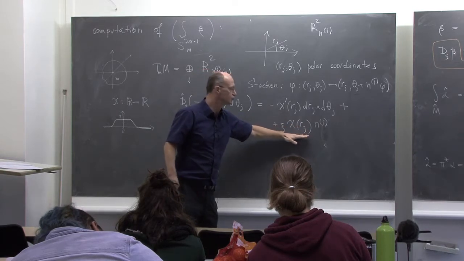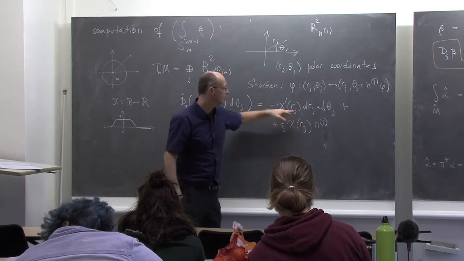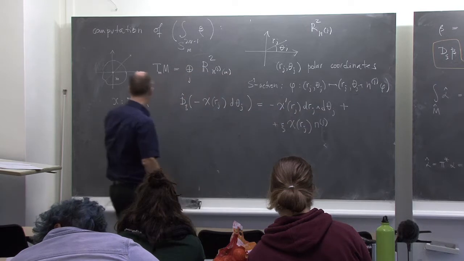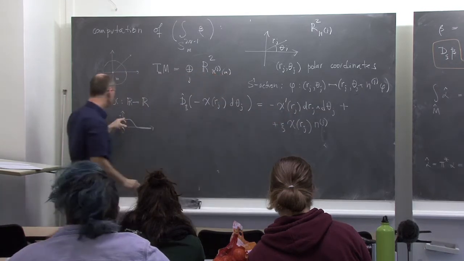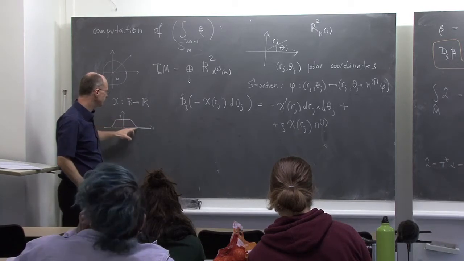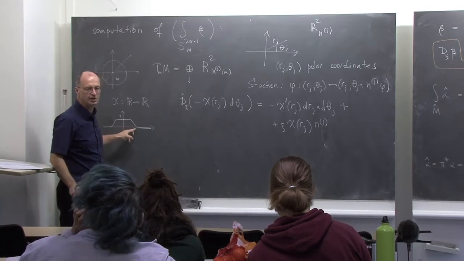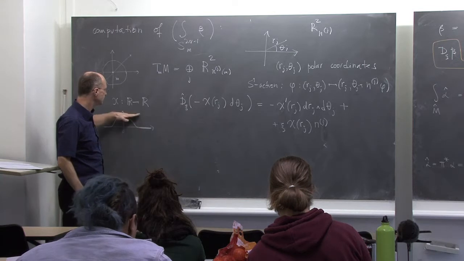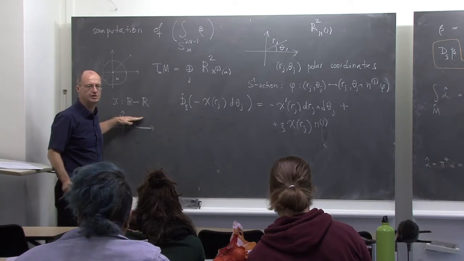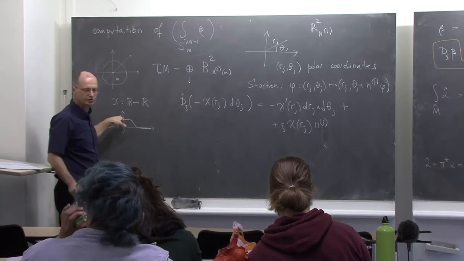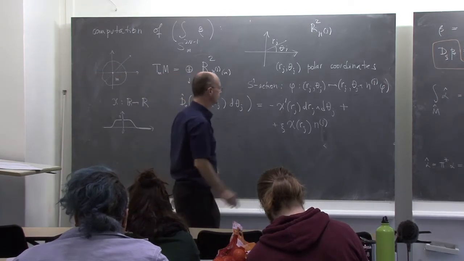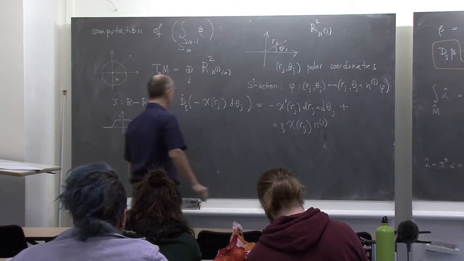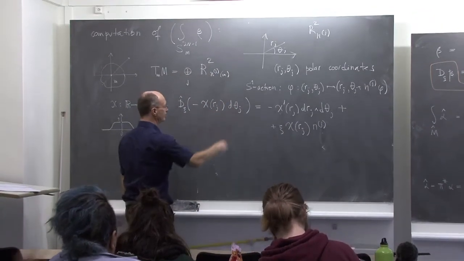So this is a pullback of something on m, and the derivative of chi vanishes here. It's only non-vanishing somewhere there. But this part of m hat and m are the same. So m and m hat are only different here. So this is a well-defined form on m.